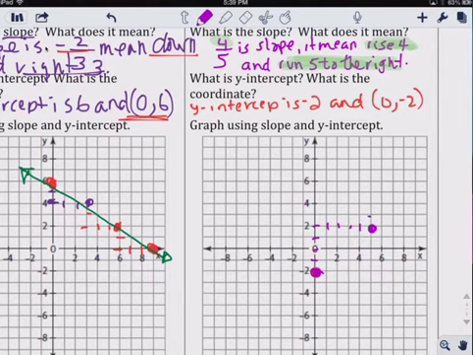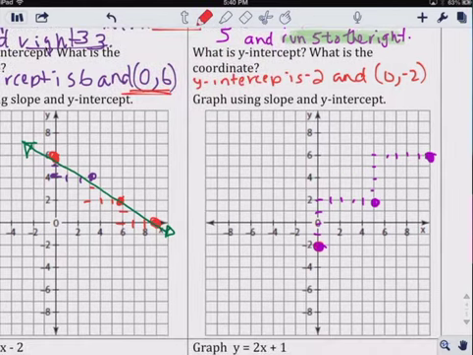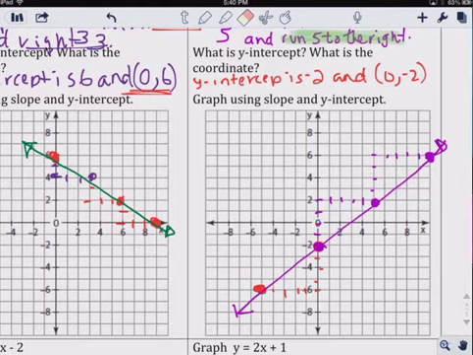And if you run out of room, you can always go backwards the opposite way, and make sure the lines are lined up and you got a nice straight line right there. And there you go.